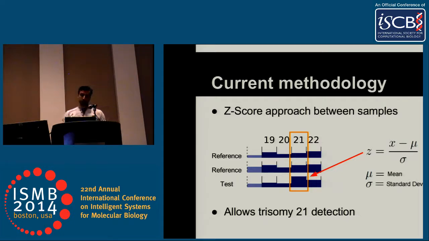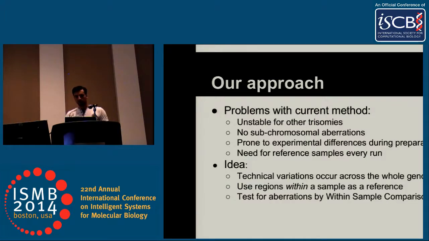This method works very well for chromosome 21, but it has a few downsides. First of all, it doesn't work for any of the other chromosomes, as far as we know. It's also not very stable for subchromosomal aberrations, and very prone to experimental differences. Because of this, we need to run a few reference samples every time we want to know whether someone has Down syndrome or not.